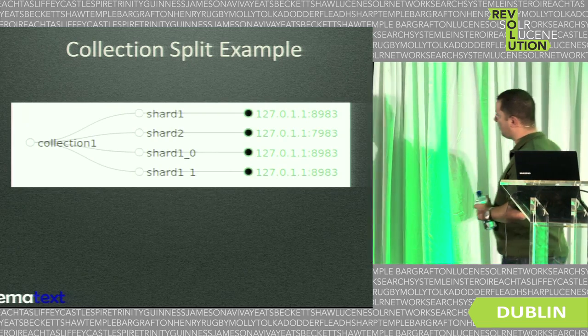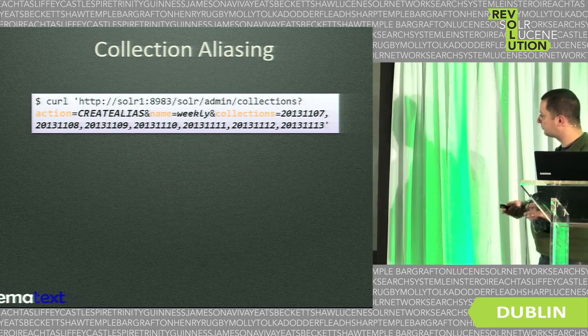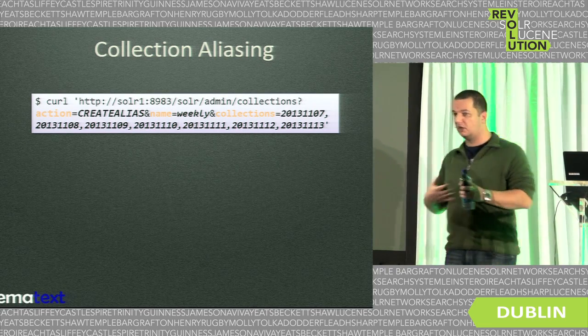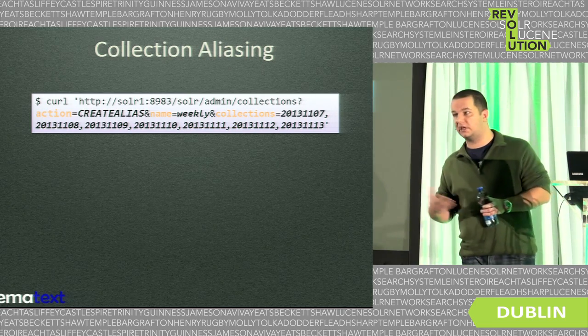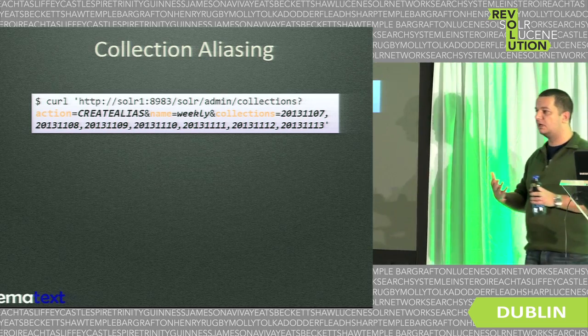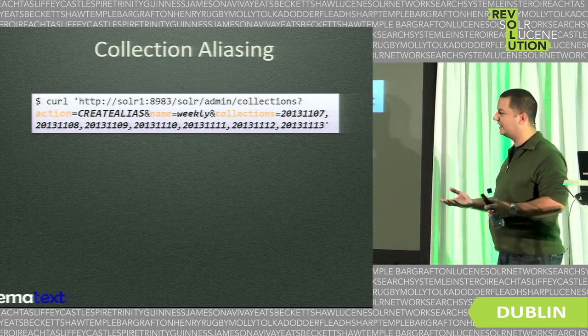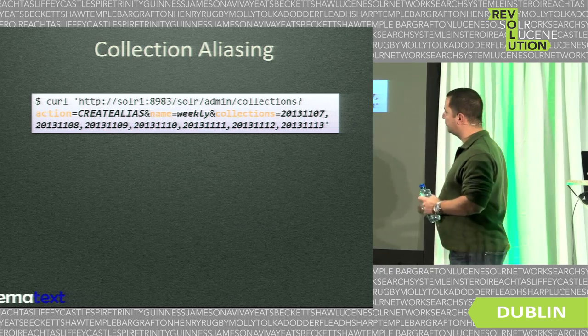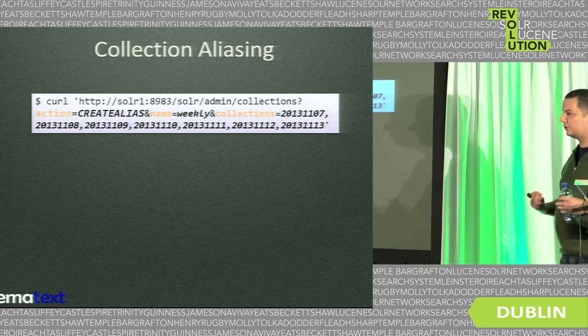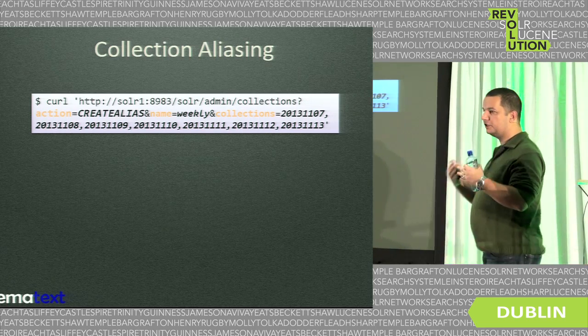So it's nice. In addition to that, when dealing with data that is daily oriented, like log files, we're usually interested in especially the newest data. So for example, we can use collection aliasing to not bother the application with changing names.